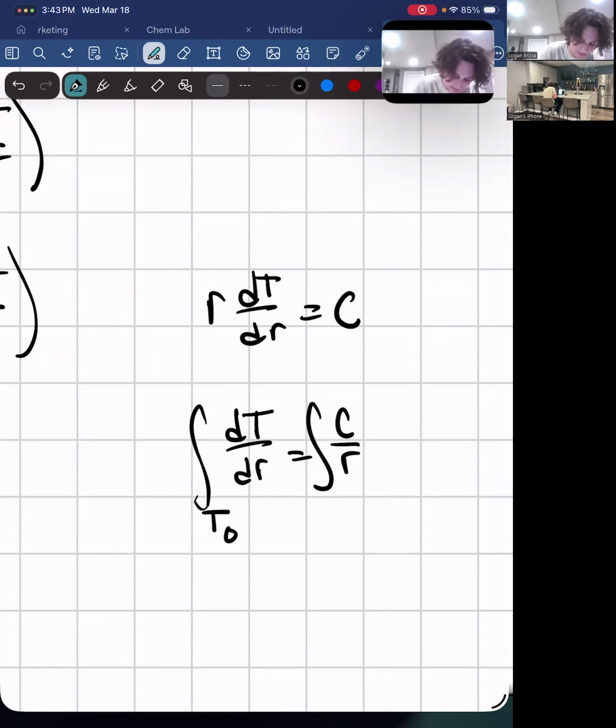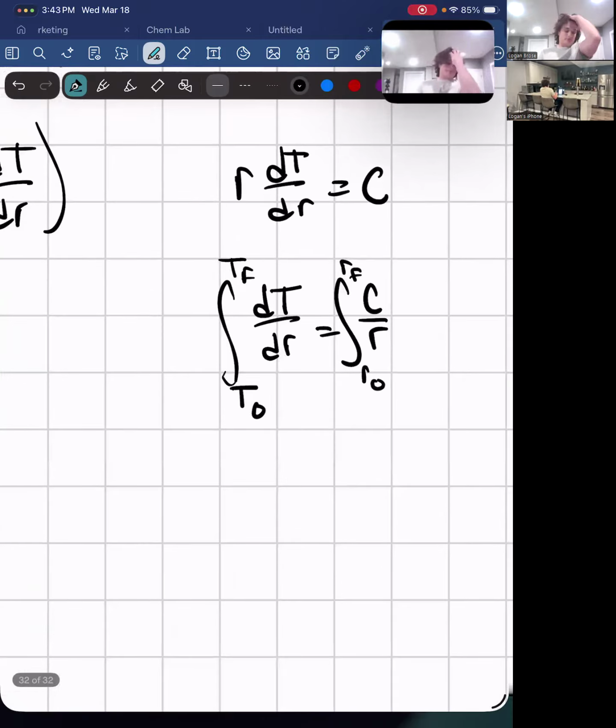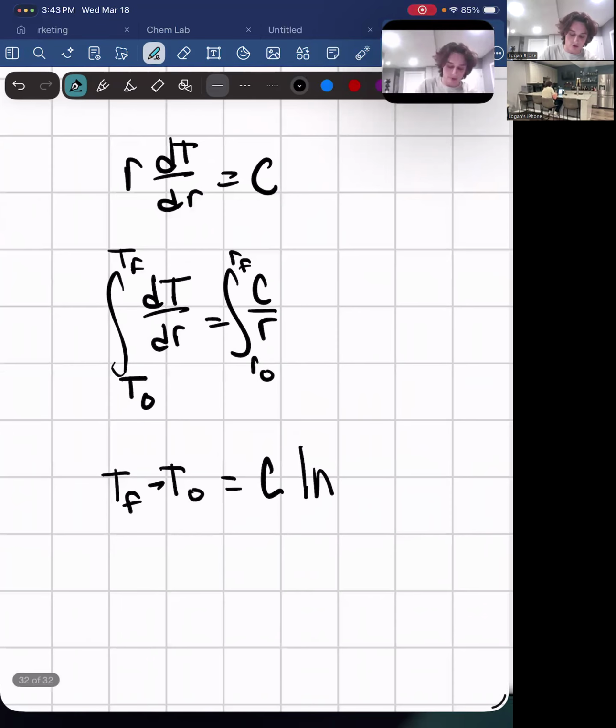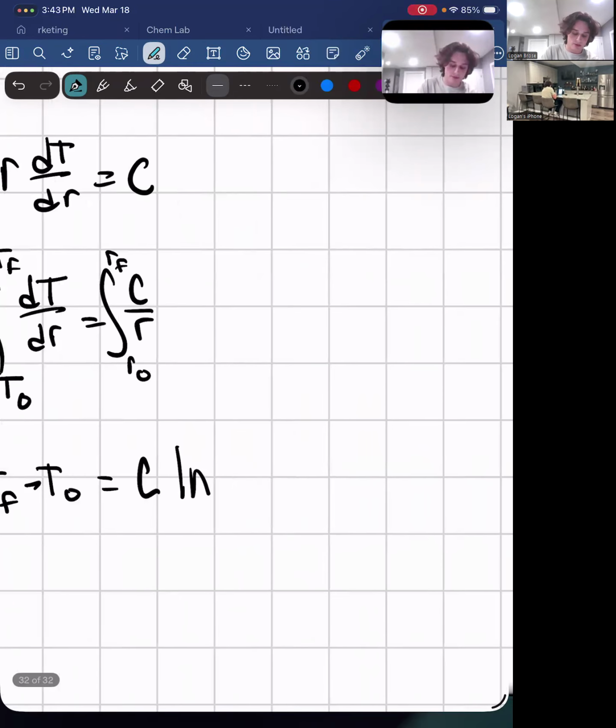This is from our T initial to our temperature final, and this side is from our initial radius to our final radius. So when we do that, we get our temperature final minus our temperature initial equals our C times the natural log of R final minus the natural log of R initial.